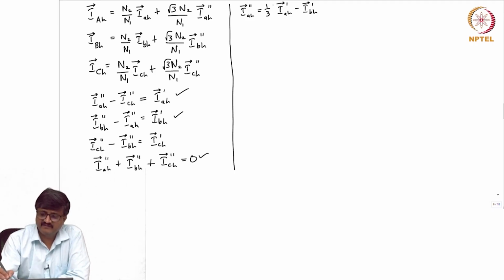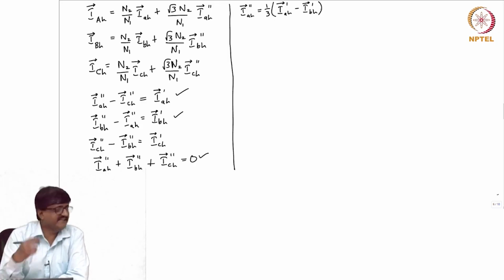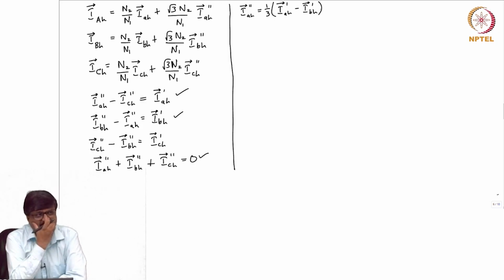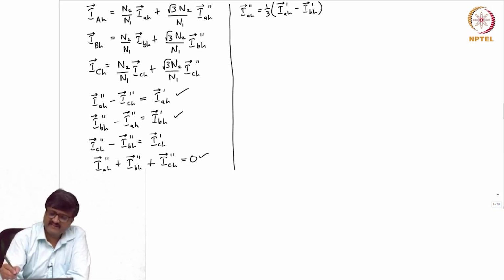Please check, it is 1 by 3 into IAH prime minus IBH prime. So it's just solving 3 linear equations. The 3 unknown quantities are the double primed currents, which you have to solve in terms of the single prime currents. That's all. So that is IAH double prime.